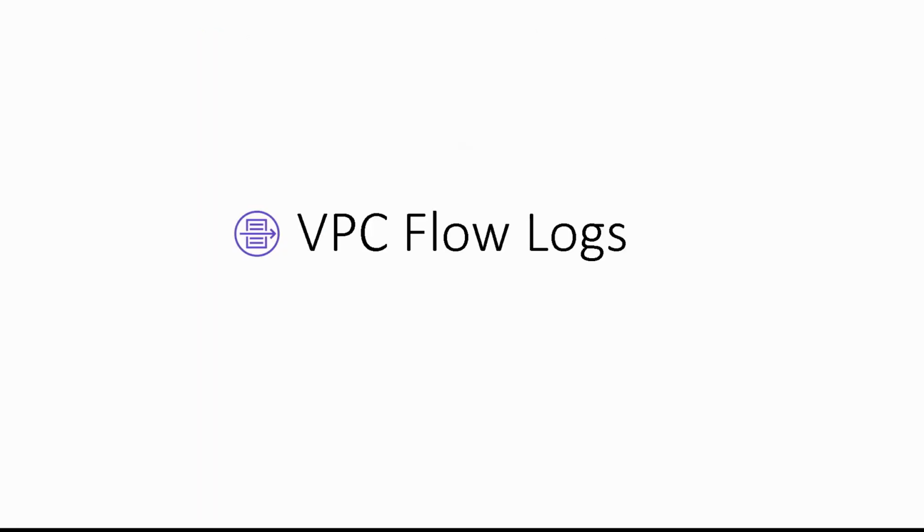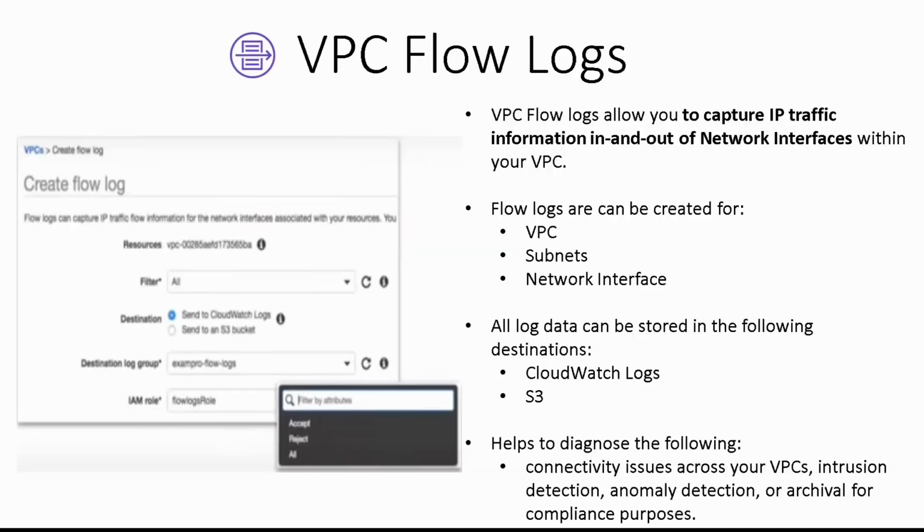Okay. So we also looked at flow logs. Again, primarily it is not a dedicated product, but it is a debugging tool, primarily for a cloud engineer to debug the network in and network out traffic.